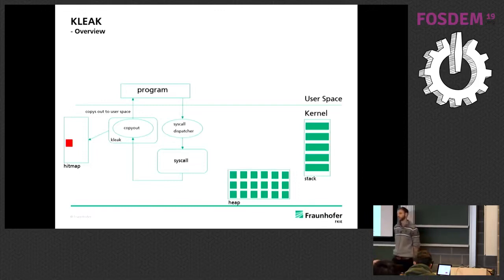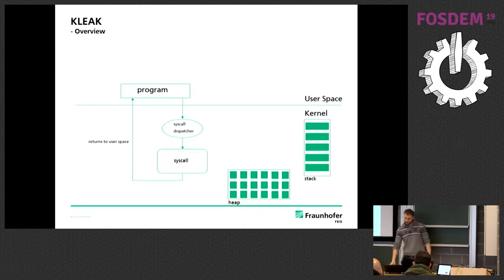For example, if we want to check for 8 rounds for the leak, we encode it in the heat map, 8 rounds, and this decreases the possibility of false positives tremendously, because it's very improbable that our marker bytes will be at the same offset all the time in a random function. So there still might be false positives, but it should decrease them tremendously. And then again you return to user space.